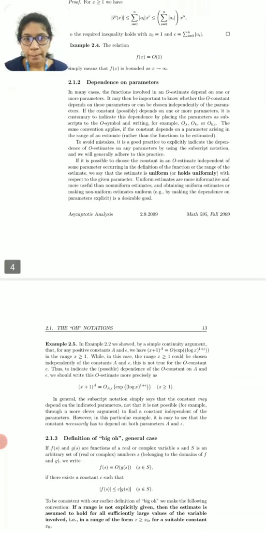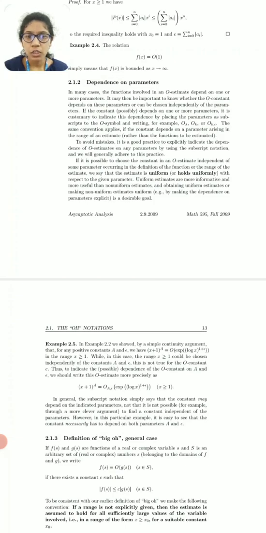Dependence on parameters. In many cases, the functions involved in an O estimate depend on one or more parameters. It may then be important to know whether the O constant depends on these parameters or can be chosen independently of the parameters.